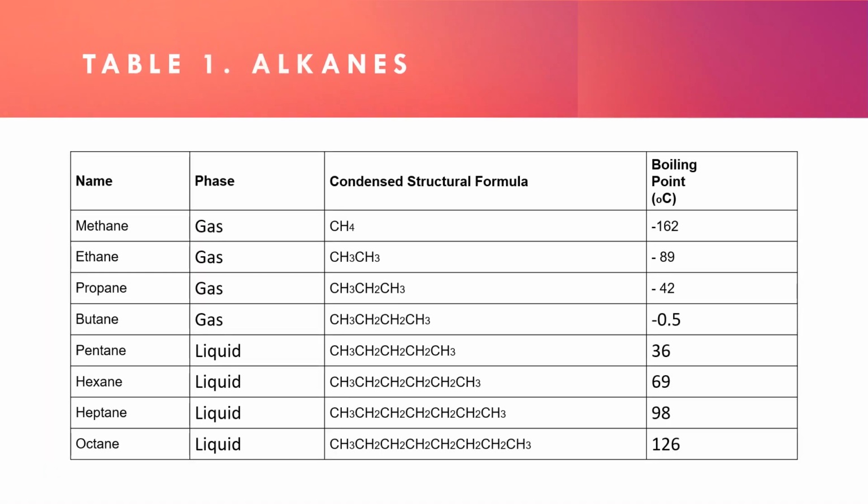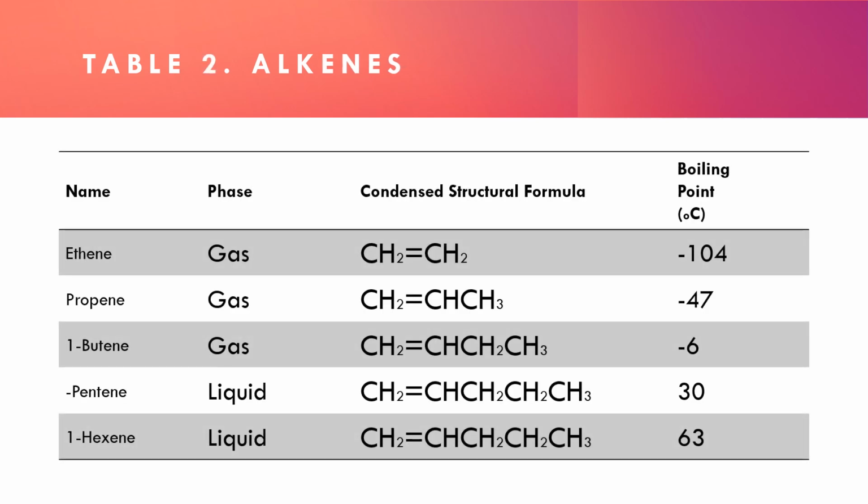So table 1, we have here the alkanes. On the first column, we have the name, phase, condensed structural formula, and the boiling point. So all you have to do is study and observe the table. So table 1, alkanes, starts from the methane up to the octane. Table 2, that's the alkenes.